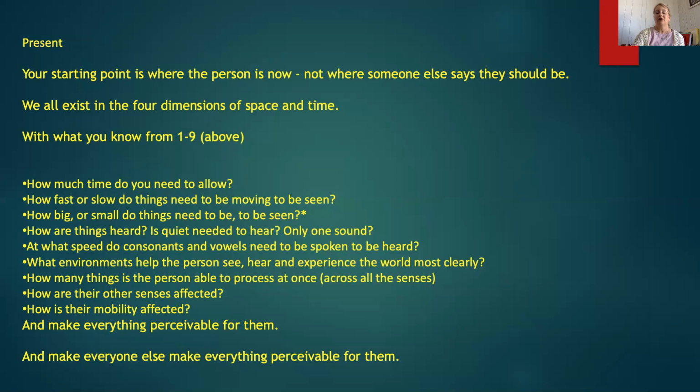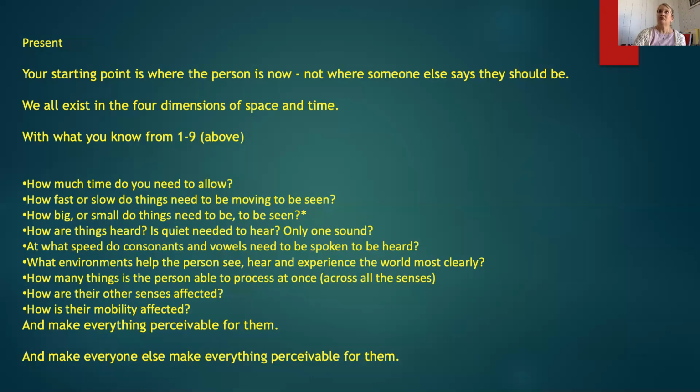Okay. We all exist in the four dimensions of time and space. So what you know from the past, through one to nine from the previous slide, how much time do you need to allow that child to process? Again, just think about the example I talked about of giving them up to 15 to 20 seconds to process a question.